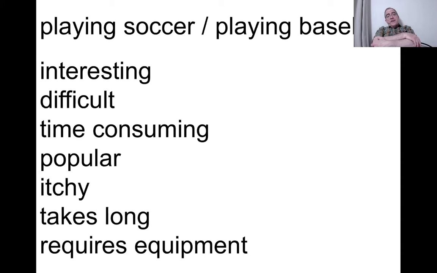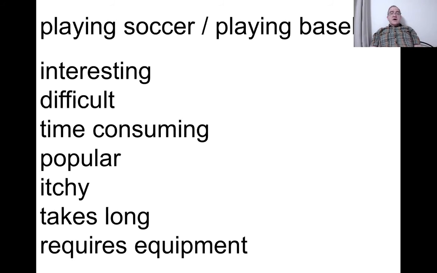So playing baseball takes longer than playing soccer. Requires equipment. Wow. What do you think? Well, baseball requires more equipment than playing soccer, right? Playing baseball requires more equipment than playing soccer.